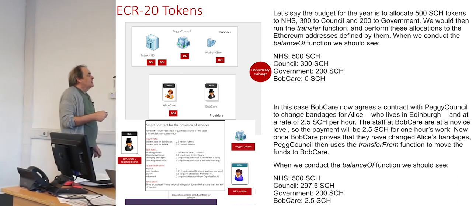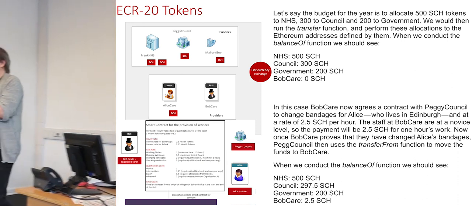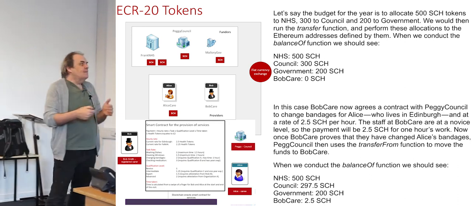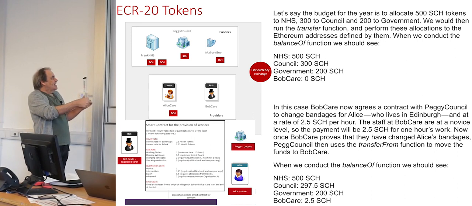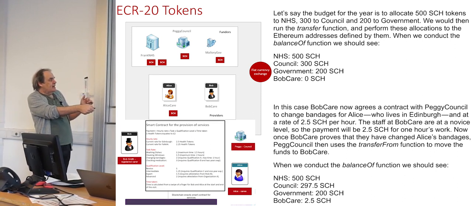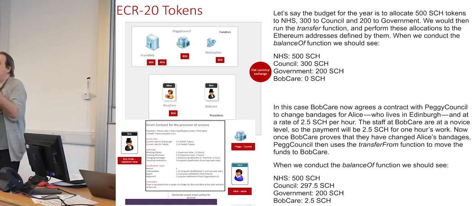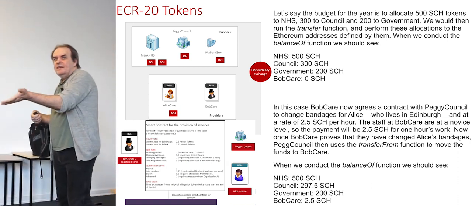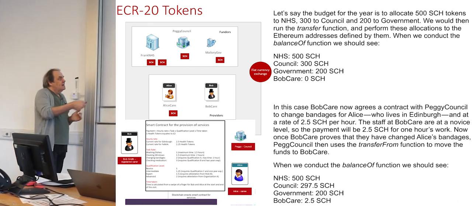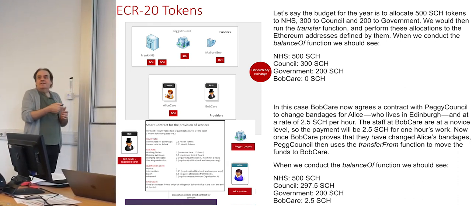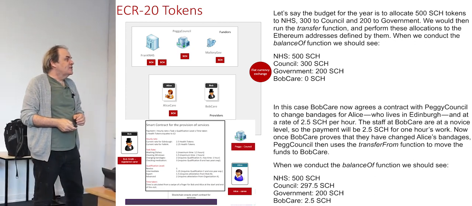So then we create a smart contract which would define what the services were, and then when that was implemented, in this case Bob Care gets 2.5 of these tokens, because he's implemented something in the smart contract, and then automatically he gets the tokens. He can then cash out whenever he wants into a fiat currency exchange.